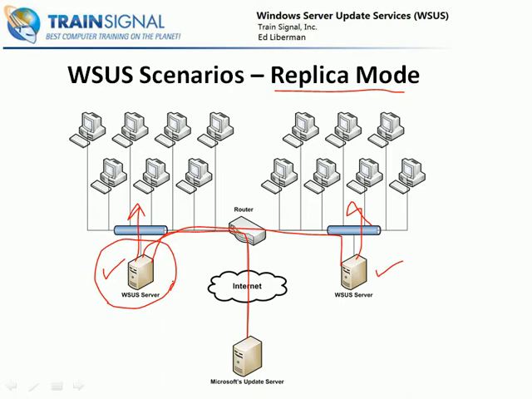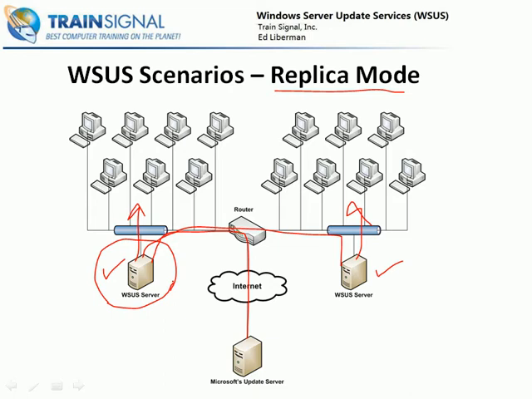Usually we want to have one WSUS server communicating with the outside world with Microsoft's update server, and then we'll simply replicate that information out to the other WSUS servers to service all the various clients around the network. It's just a matter of deciding, do we want to have a separation when it comes to the approval administration, or do we want to have it all done in one place?